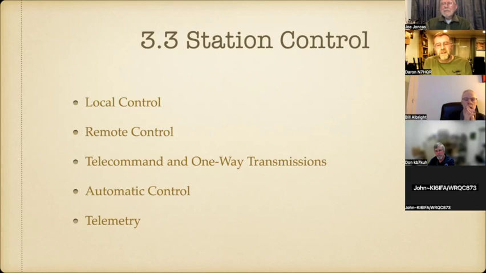The other thing to remember is something you may not understand, but a lot of people encourage DXing the repeaters, trying to get as far as you possibly can from the repeater and operating it.